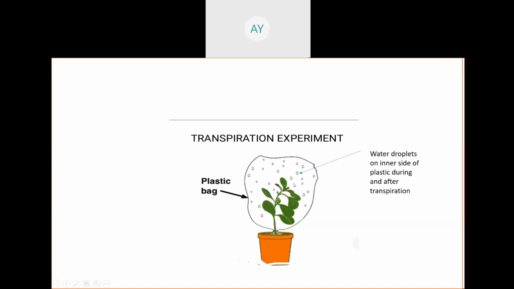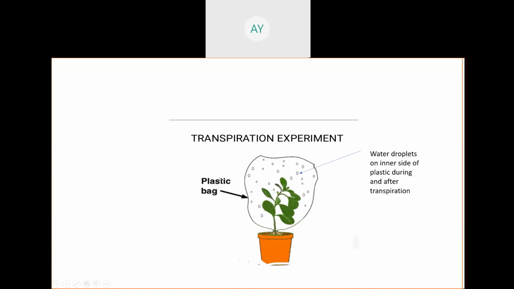It shows that the transpiration process is going on in the day. Up to 10 a.m. or 12 noon you will find a lot of water droplets. So the process of transpiration occurs in the presence of sunlight, and you can observe the water droplets on the inner wall of the bag.